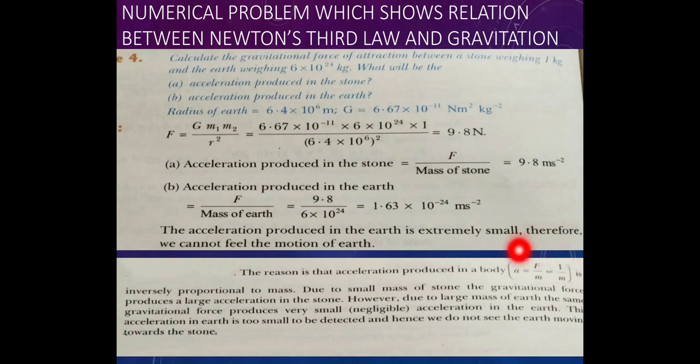I have already made you understand what inversely proportional is. Like F is inversely proportional to the square of the distance between the two objects. So if the distance is more, the force is less. If the distance is less, the force is more. Similarly, if the mass is less, the acceleration is more. So here the same thing is happening. The mass of the stone is less, so the acceleration is more. Here the mass of the earth is more, so the acceleration is less.